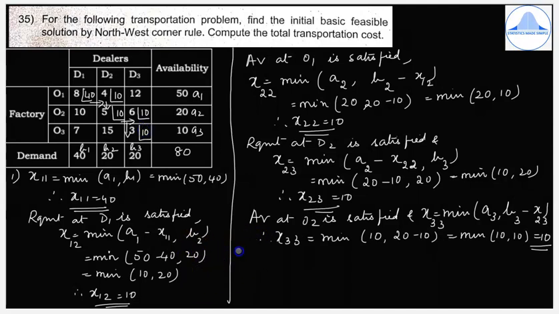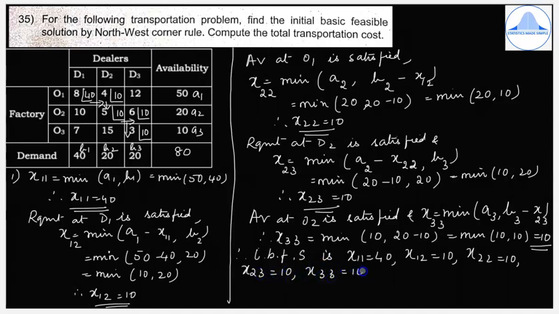So the next step is, therefore the initial basic feasible solution is x11 is 40, x12 is 10, x22 is 10 and x23 is 10, x33 is 10.